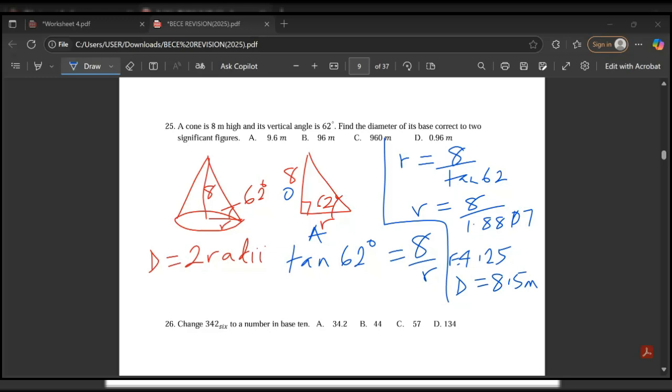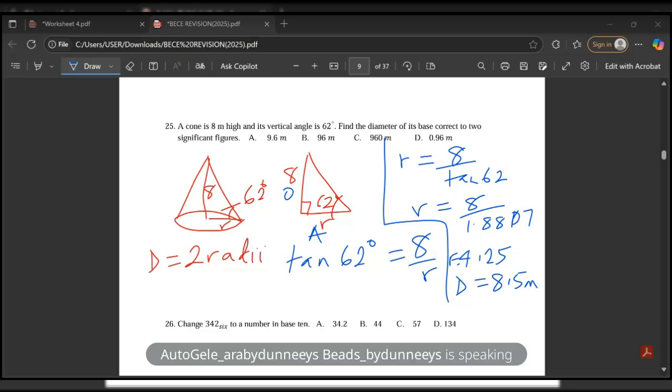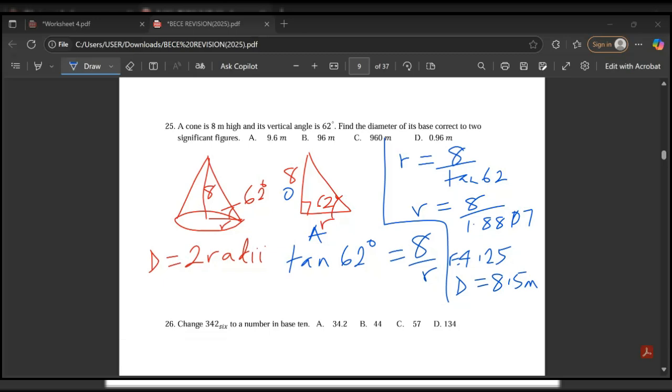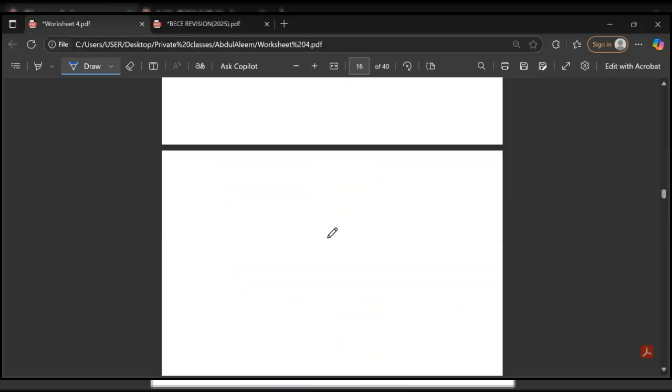Aramide Lawal: What do you also mean by reciprocal? Okay, I will explain that. Let me see if I can use this page to explain it. Quick one.